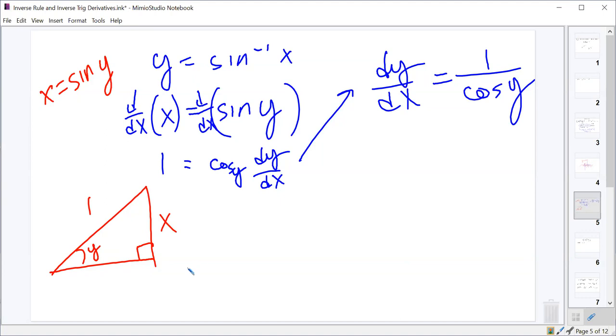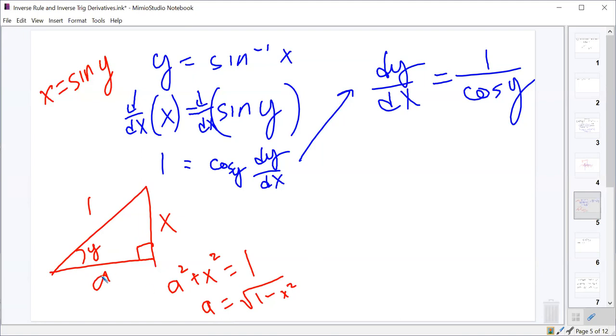No, we don't want to use cosine y. It's the square root of 1 minus x squared. Right, Pythagorean theorem, exactly. So we'll call this side a. a squared plus x squared should equal 1, and therefore a should equal the square root of 1 minus x squared.